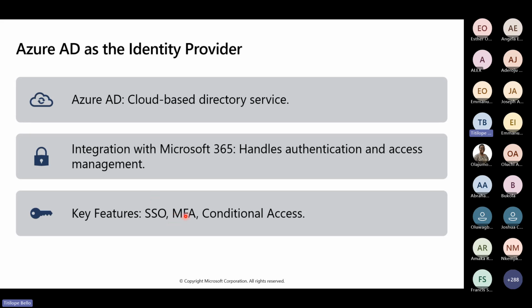I mean 20 applications. So now, what single sign-on does is that Azure AD allows the user to use their username, their account, to log into almost all the applications.